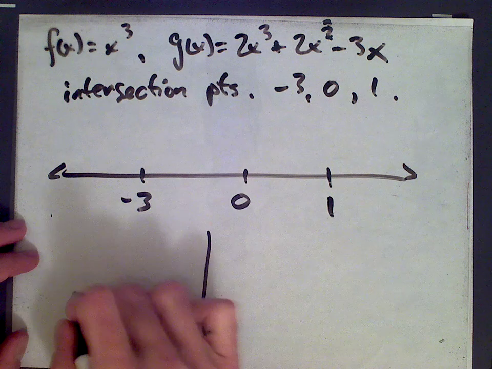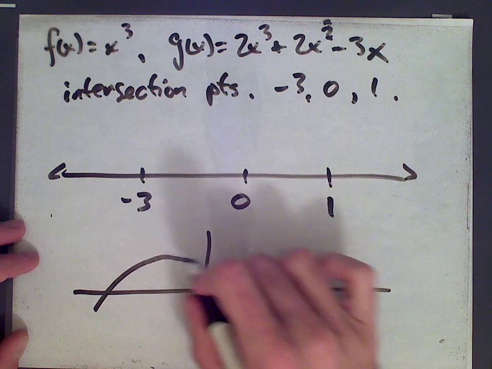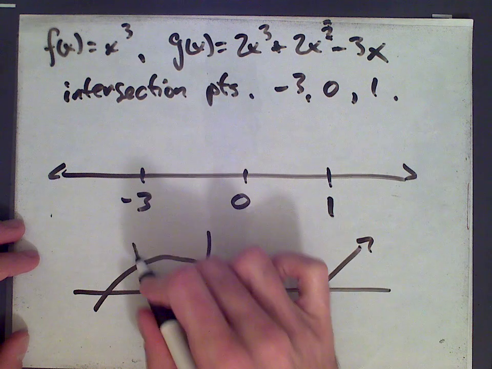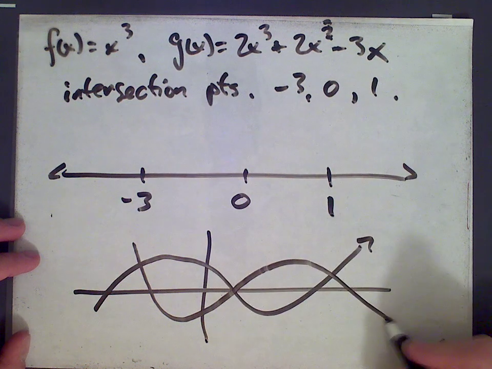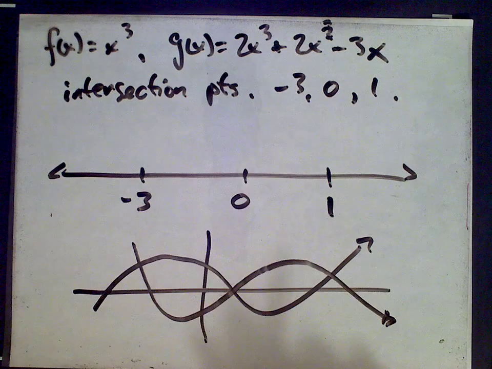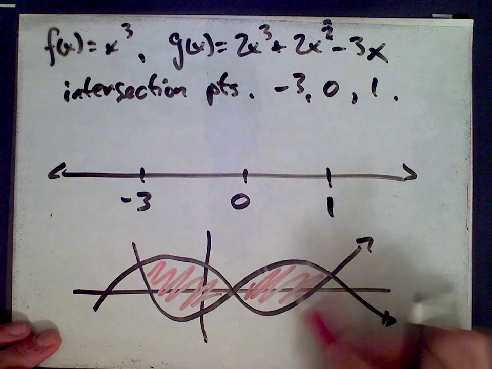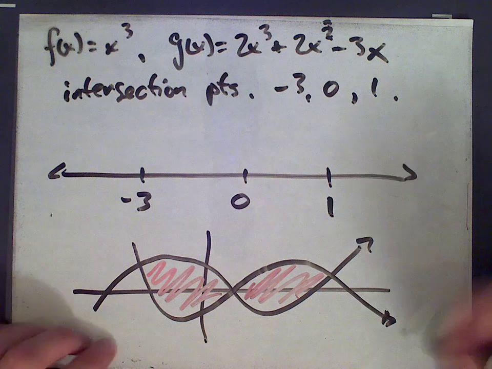This won't end up being the actual picture, but it's this type of thing. Say this was f, and this might be g. We know they intersect at 0 and 1, so we need to get the area of these two regions here. Again, f and g don't necessarily look like this, but this is the idea.